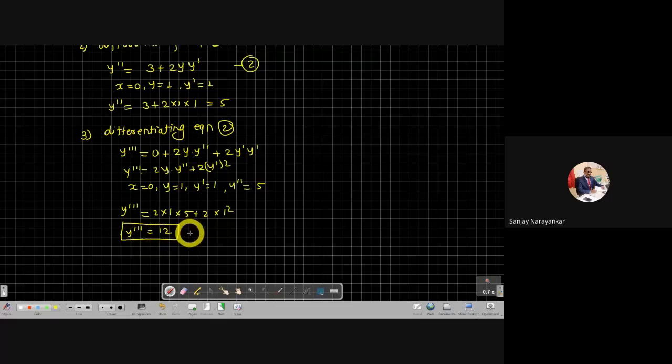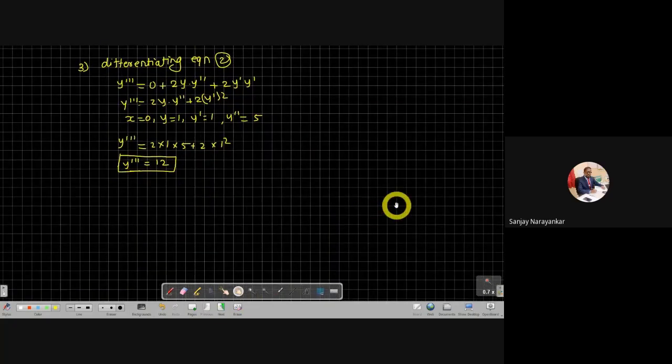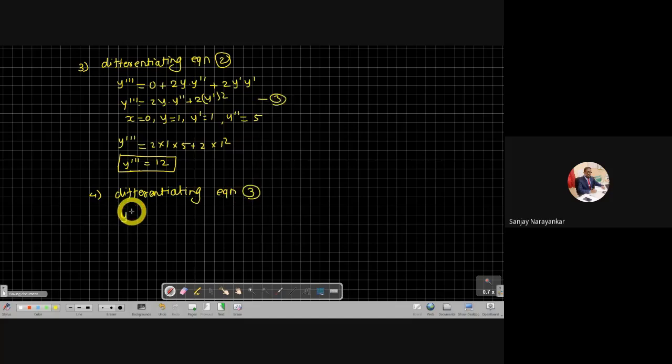Cross verify, students. Then what's left with us? The fourth term. That is now differentiating equation number 3. We have to write it like equation 3. So what we are getting?